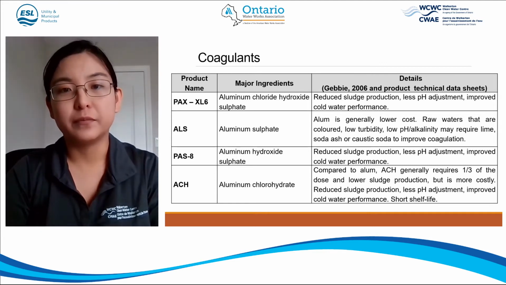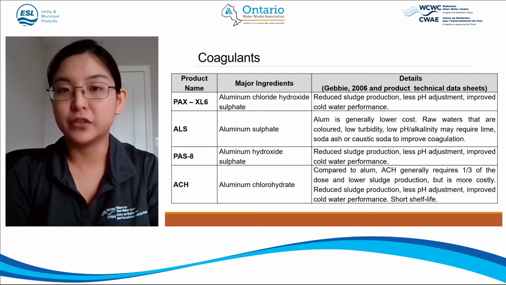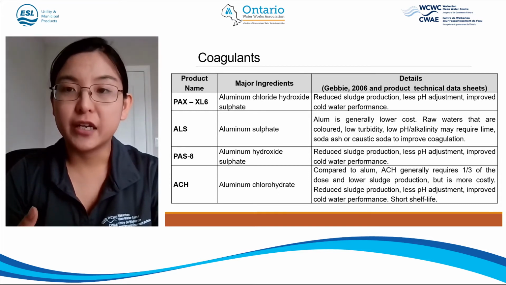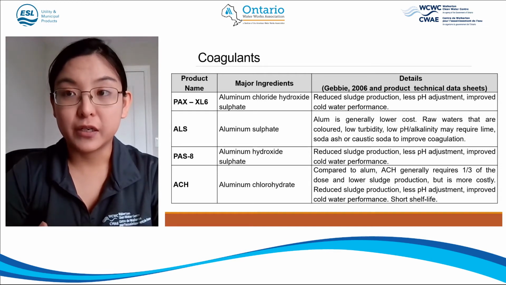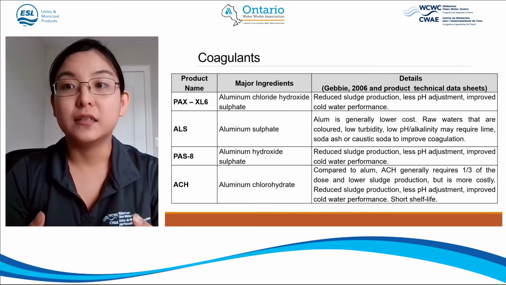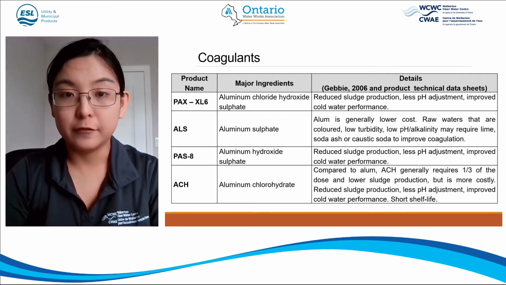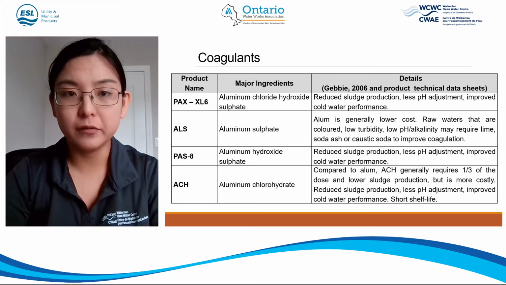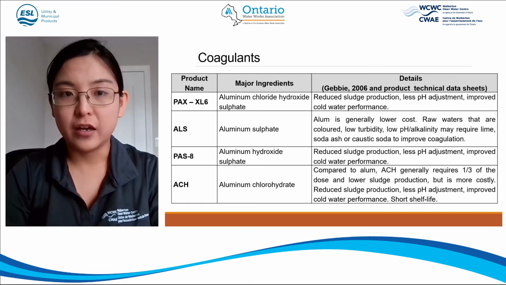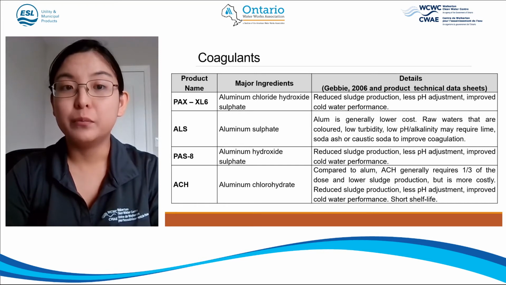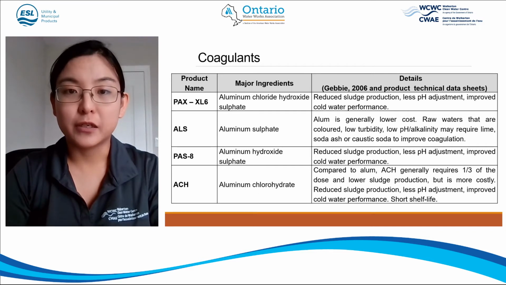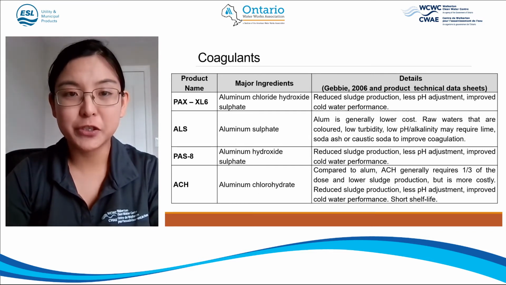But it will consume a lot of alkalinity and drop the pH a lot, and in this case, alkalinity is very important to keep the pH stable and for the disinfection process. So if we use alum, we may need to boost alkalinity eventually. And alum also doesn't work quite well at low temperature.